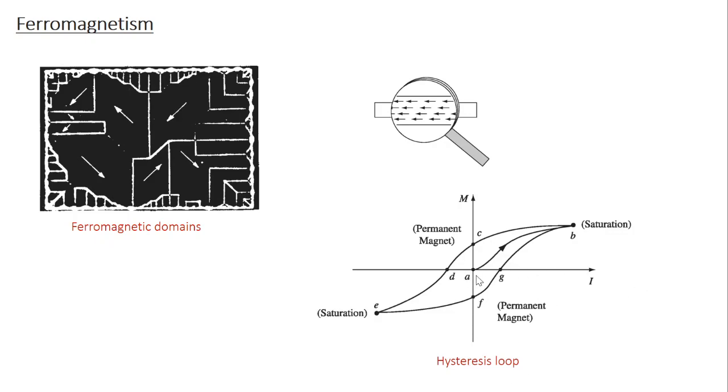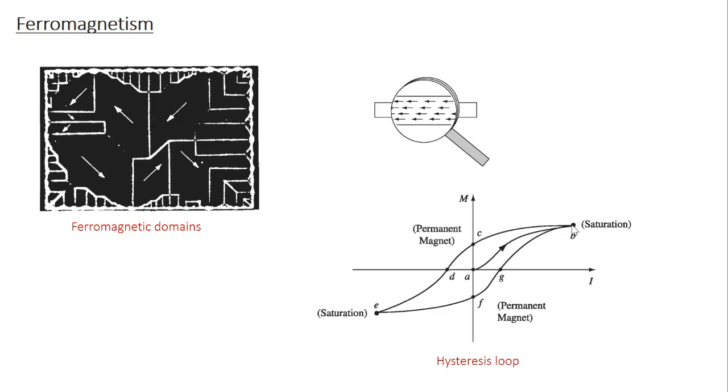Let's start with the initial stage where there is zero current and zero external magnetic field. The domains are all arranged in random directions, so there is zero net magnetization. You slowly apply the current, an external magnetic field is set up, domains slowly get aligned in the direction of the external magnetic field, magnetization slowly grows, and finally you reach a point where all the domains are arranged in the same direction and the material is saturated.